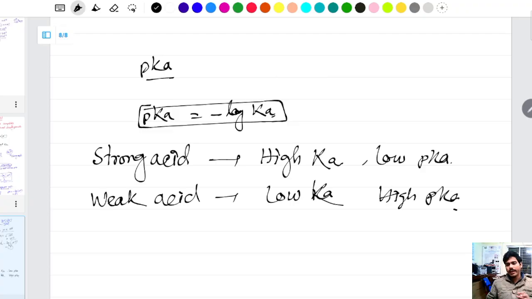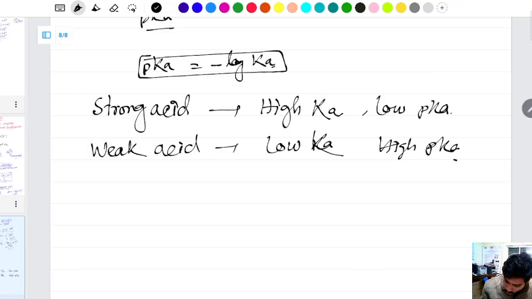So pK is the pH at which the concentration of the weak acid and its conjugate base will be in the equimolar concentration. So what is the pK? pK means the concentration of weak acid and its conjugate base will be in the equimolar concentration. Now write it down.